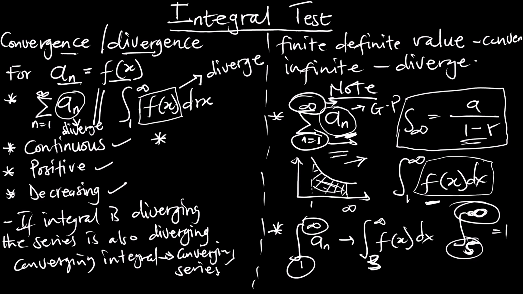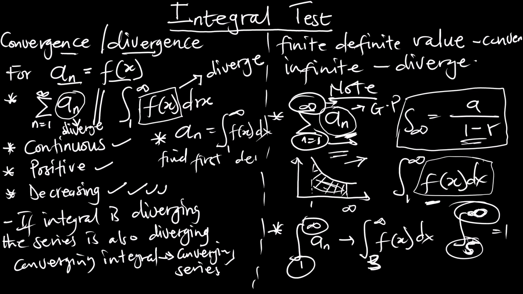So if I give you a series of a of n, and I convert it to the integral of f of x dx, let's say from 1 to infinity, and you want to prove that the series is decreasing, we can do that by first finding the first derivative of the function.